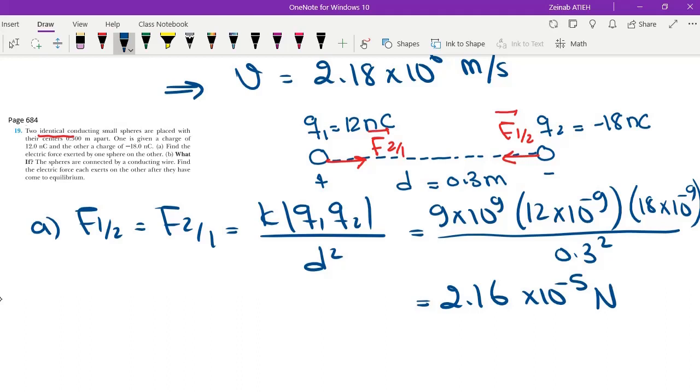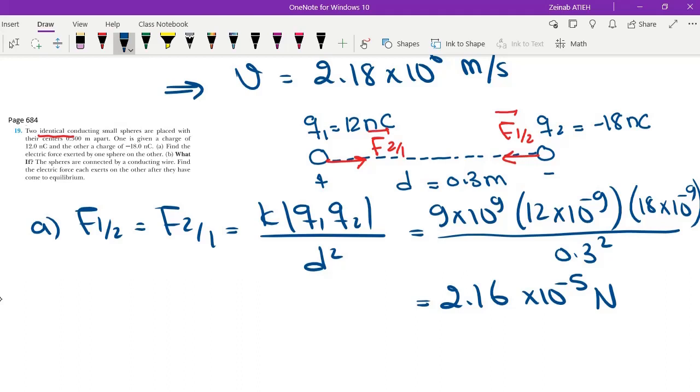Okay, now in part B he says, what if the spheres are connected by a conducting wire? Find the electric force each exerts on the other after they have come to equilibrium. So I connected them by a conducting wire, as if they are in contact.